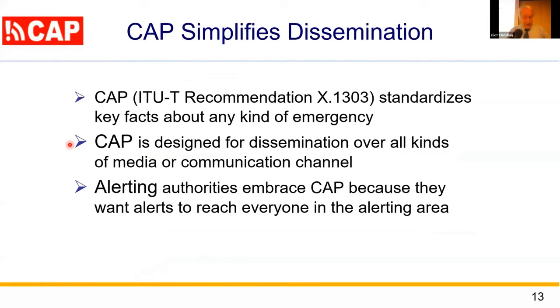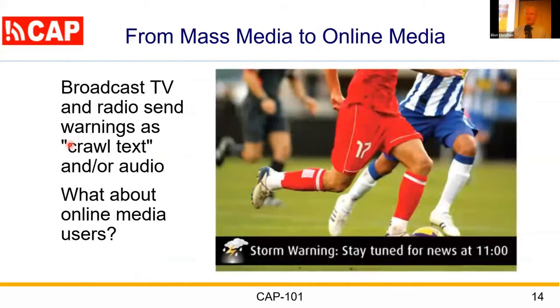One factor that is affecting that dissemination is we're in the midst of a transition from mass media to online media. Much of today's public alerting is still based on mass media, such as broadcast radio and television. For many decades, these have been the essential ways to reach people in harm's way.